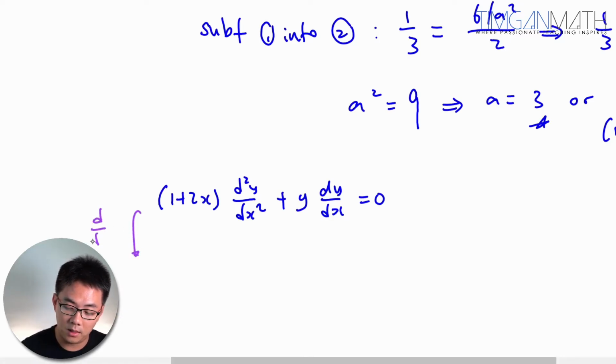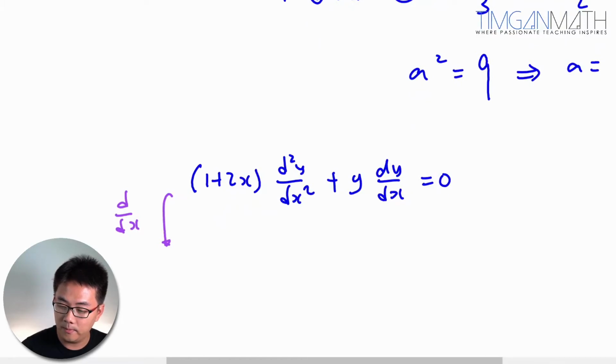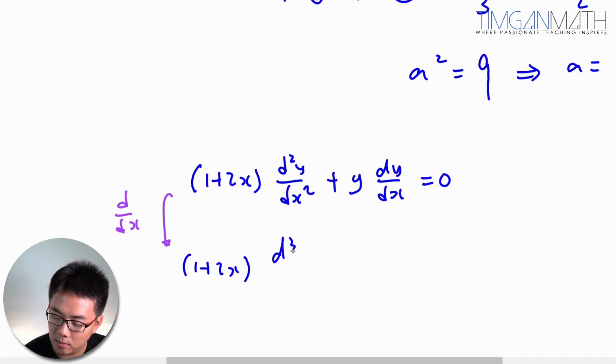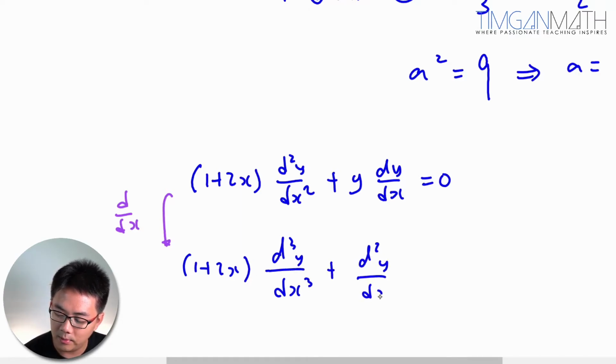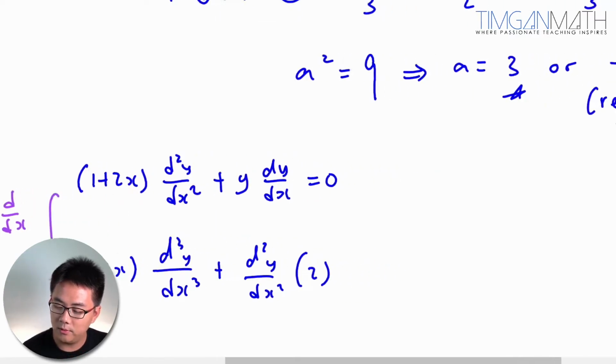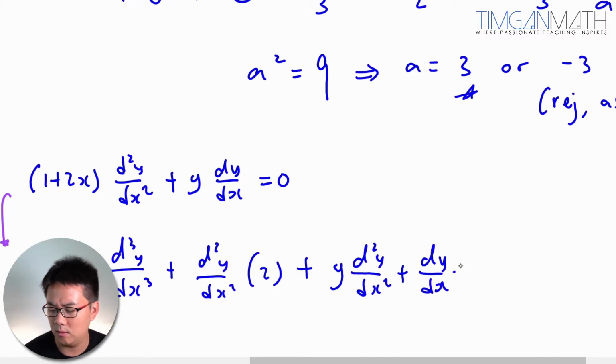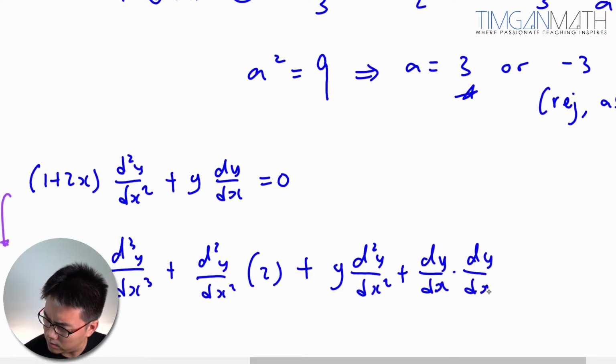So with respect to x, this would be 1 plus 2x times d cubed y over dx cubed, plus d squared y over dx squared. I'm just using implicit differentiation with the product rule: y d squared y over dx squared, plus dy/dx times dy/dx, equals 0.